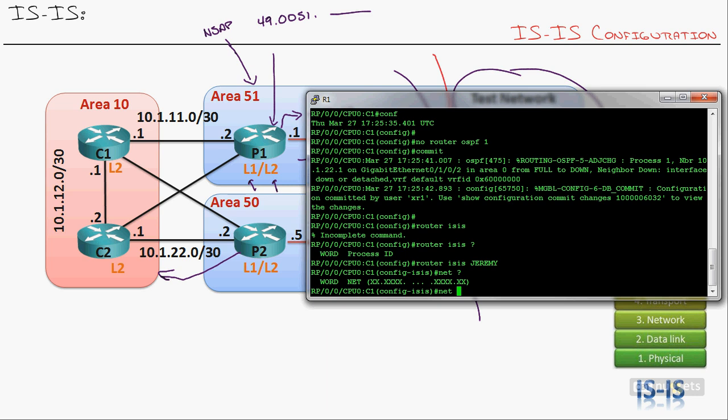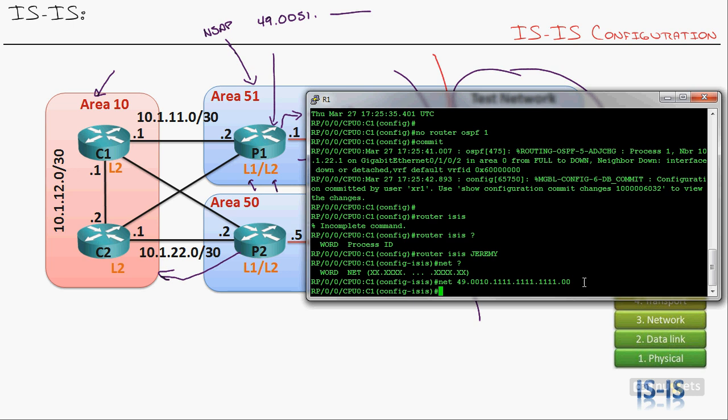So we'll type in net 49.0010. Why? Because I'm in area 10 over here that I've put these guys in. So area 10, we've got a dot, and then we'll go 1111.1111.1111. This is router 1 in area 10, so that address can be the same as previous, and then we'll go 00, right? And let me make sure I clarify.